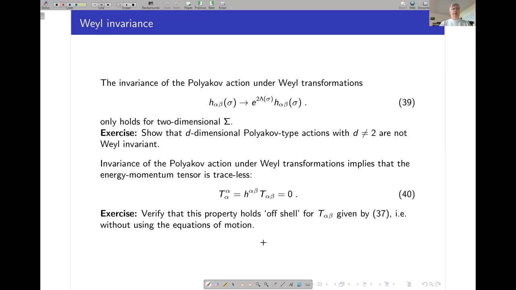We can write down Polyakov-like actions for point particles or membranes or higher dimensional objects, but they don't have this additional invariance under Weyl transformations, which, as we will see, provides us with a link to what is called conformal field theory.